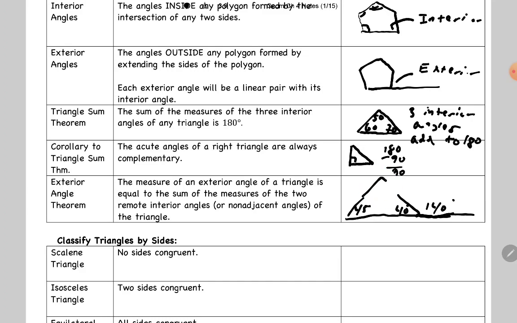So this theorem says that the exterior angle is equal to these two. So if you ever have an exterior angle, it's always equal not to the angle that it's next to, but to the other two angles in the triangle.